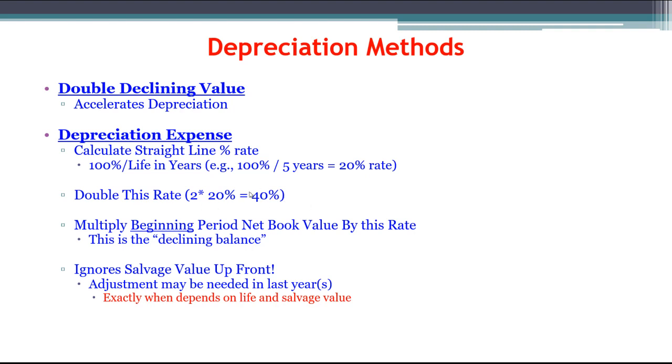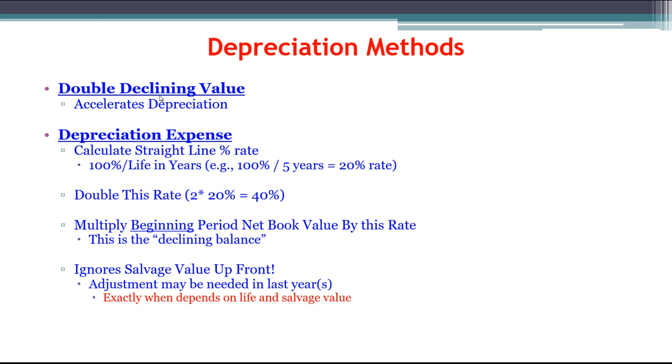But whatever our rate is, we're no longer multiplying it by just a static, steady, depreciable cost. Instead, that's where the other two words of this name come into play. We saw where the double comes from. We're doubling the rate.